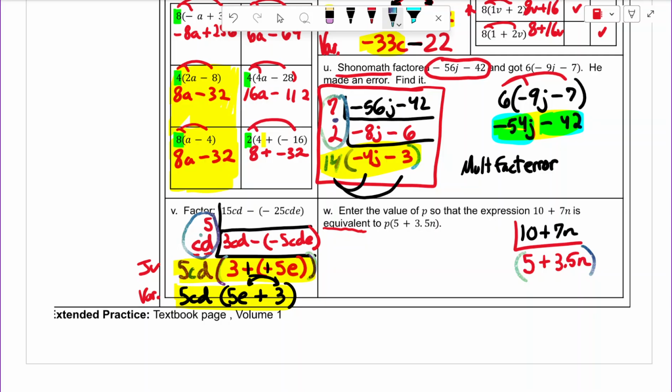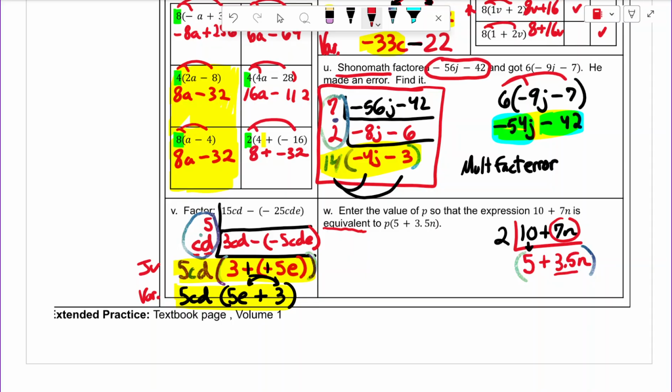Okay, so how would we get a 5 down here? What would we have to divide 10 by to get a 5? It would be a 2. All right, let's see if that would work here. What is 7n divided by 2? Or 7 divided by 2 is also 3 and 5/10 n. So it looks like it's working.